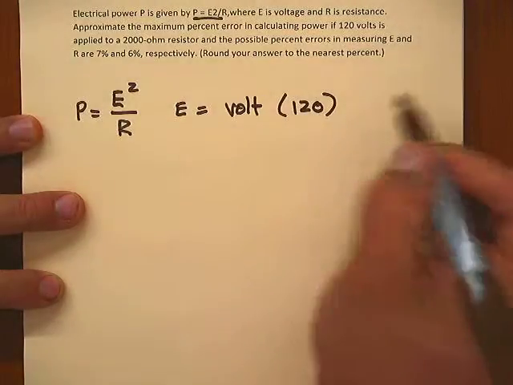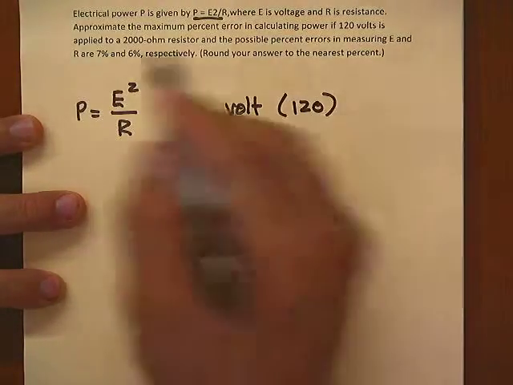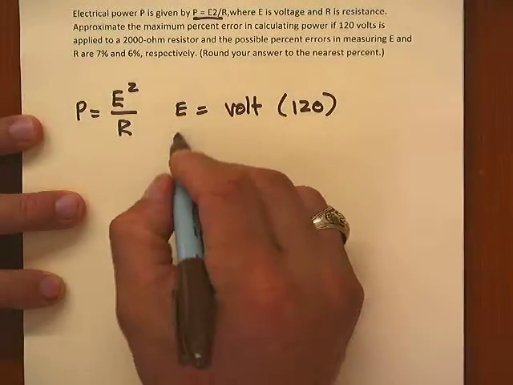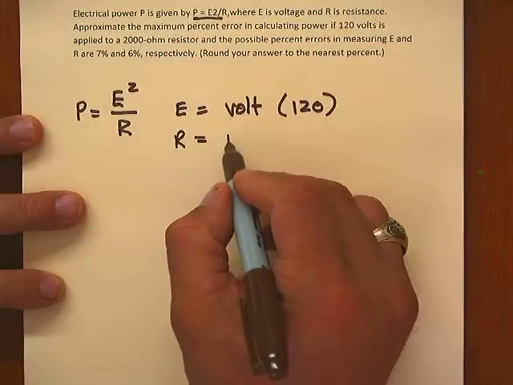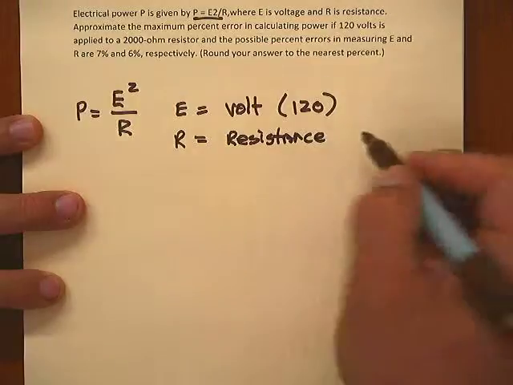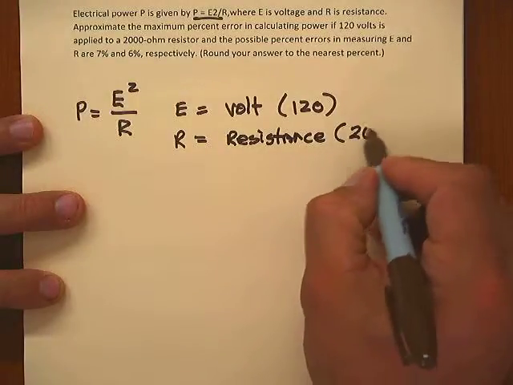We're not really concerned with the 120 because what we're dealing with is the errors. At R, which is your resistance or resistor of 2000 ohms.